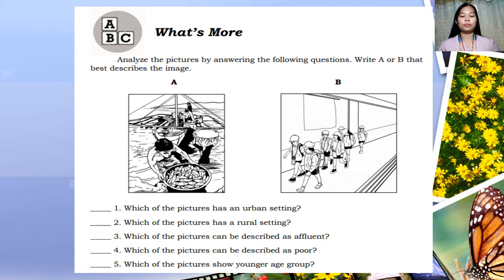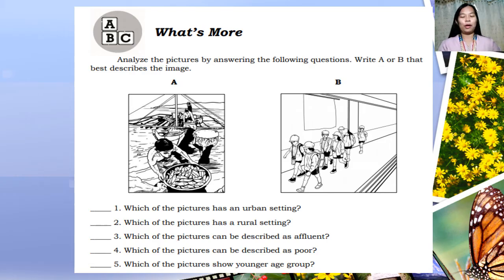Number 4. Which of the pictures can be described as poor? Meaning lacking financial and material possessions. But before you are going to answer this question, I would like to remind you children that let us not be too discriminating regarding this, because each and every one of us is equal to the eyes of our dear Creator.